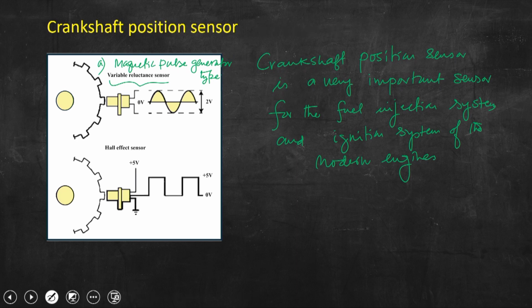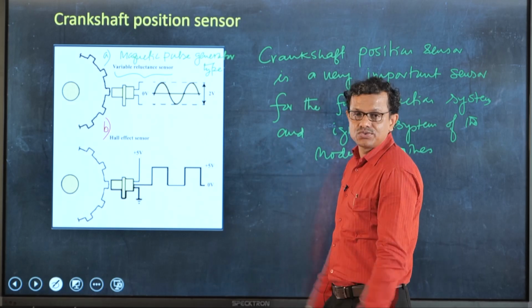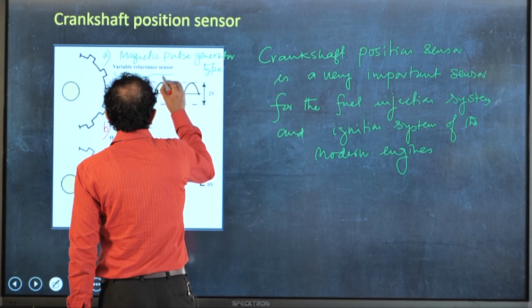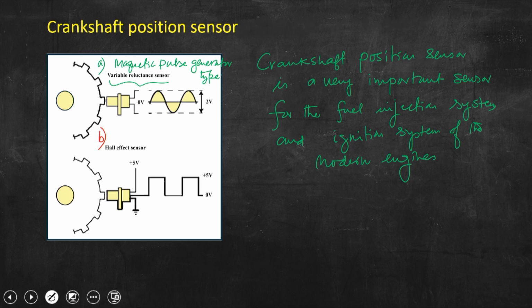And in the bottom panel of the schematic, we can see the Hall effect sensor, which is type B. Now, this variable reluctance sensor, which is also known as magnetic pulse generator type sensor, is also known as two-wired sensor, because this is having two different wires, whereas this particular type, the Hall effect sensor, is also known as three-wired sensor.